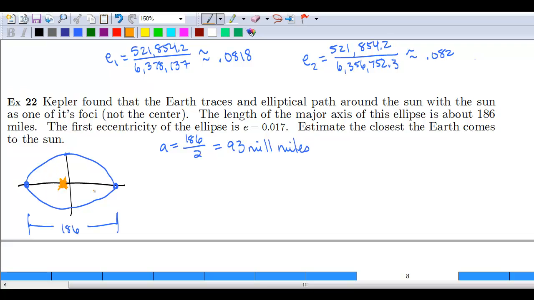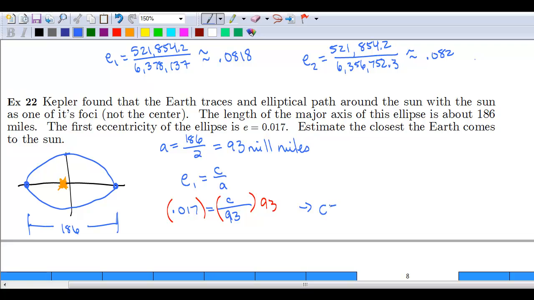So what we're going to do is use that eccentricity that we had. Remember that the eccentricity is equal to c over a. So we can find that focal distance because we have a and we have e. So we have 0.017 is equal to c over 93. Now if we multiply both sides by 93, and again, I'm just keeping it in terms of million miles because we don't have to write all those zeros out.